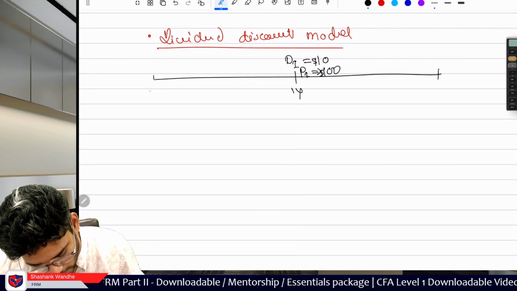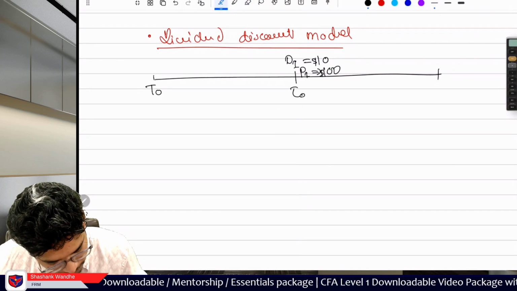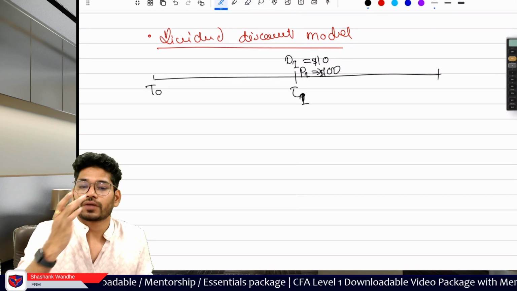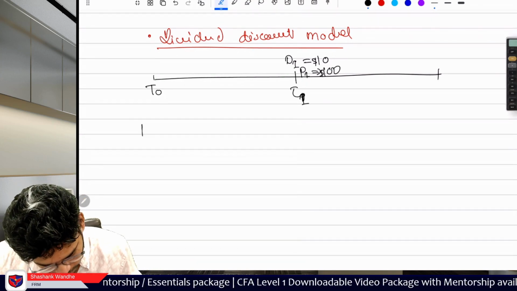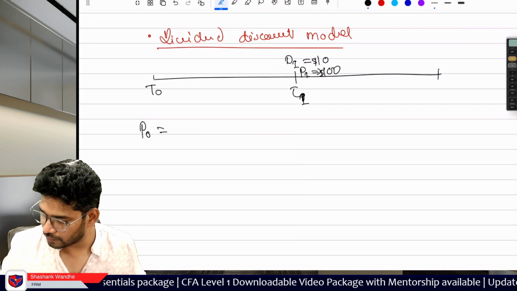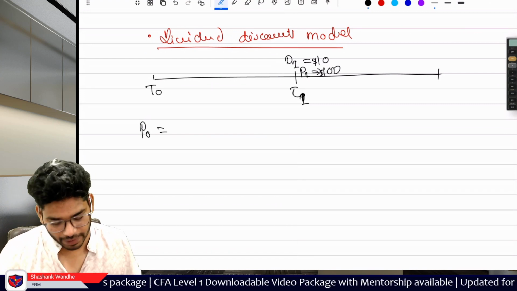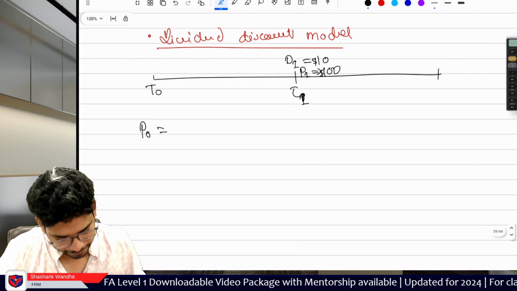Now the question is, what should be the price of the share at point t0? This is the point t1. So you have to calculate the price of the share at point t0. So you have to calculate P0, today's share price. Very simple. Okay.